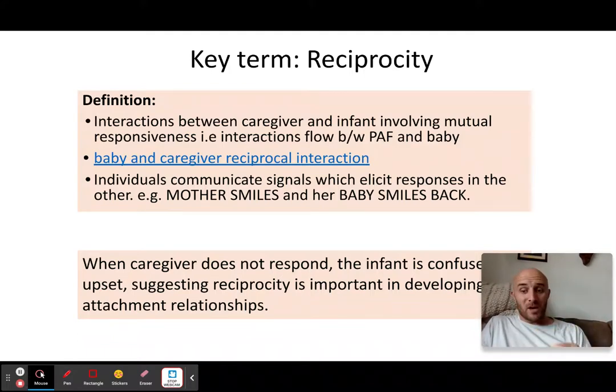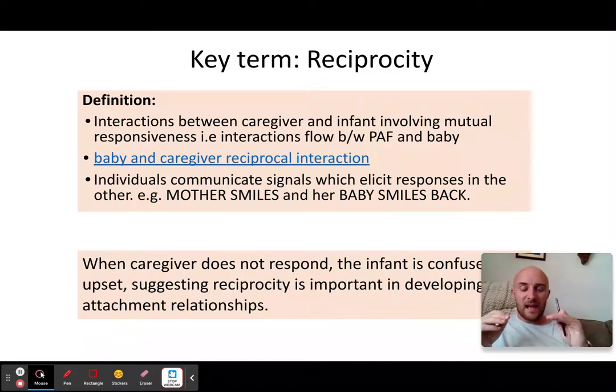So, a good example of this, and you do need to be able to provide an example, is when individuals communicate signals which elicit reciprocal responses in the other person. For example, a mother will smile at her baby, the baby sees that, and then smiles back after the mother smiled at the baby. So it's reciprocity.